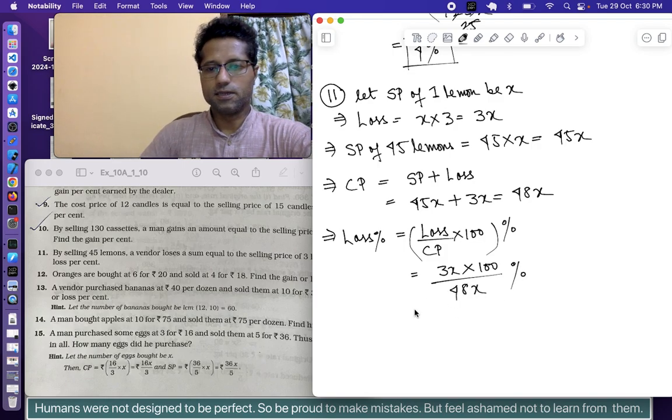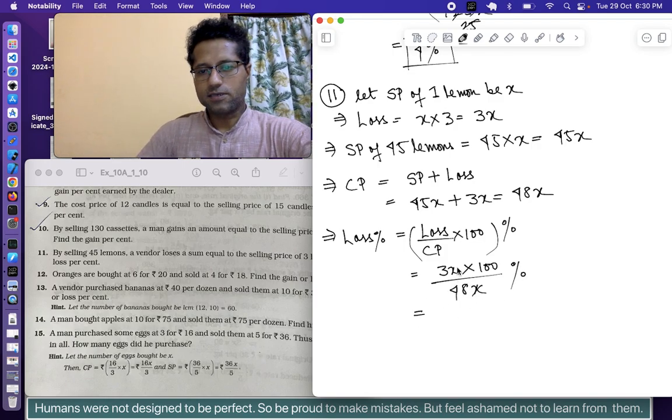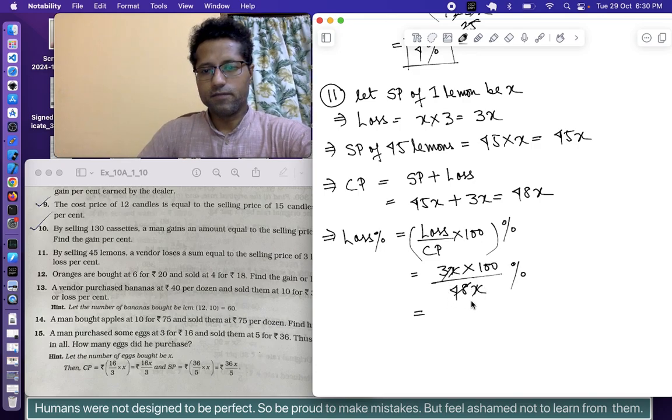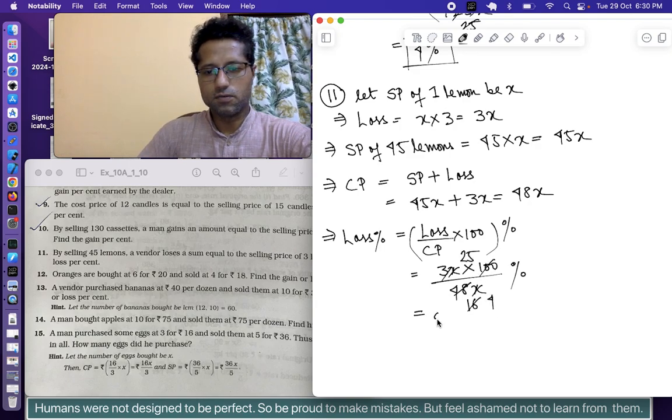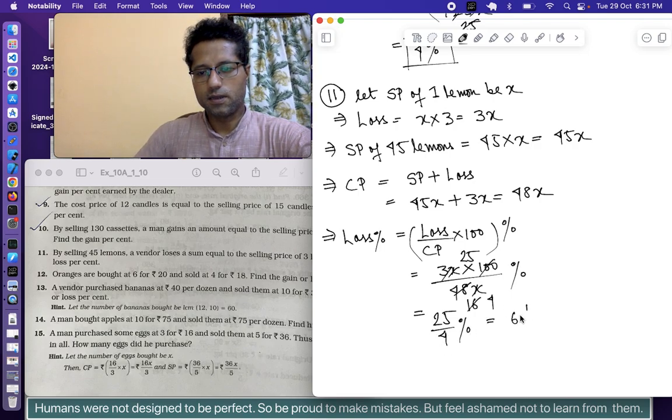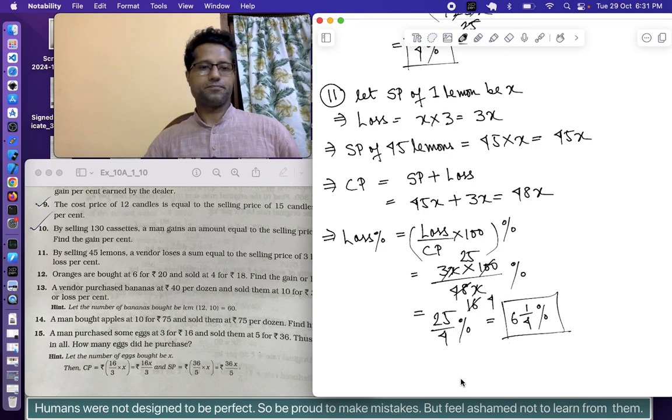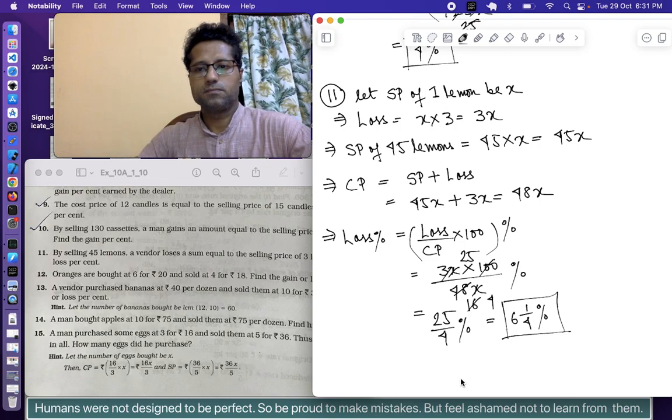So x cancels out. 3 divides 48 with 16, and 4 divides 16 with 4. 4 divides 100 with 25. So this is equal to 25 by 4 percent, which is 6 and 1/4 percent. So this is the loss percentage.